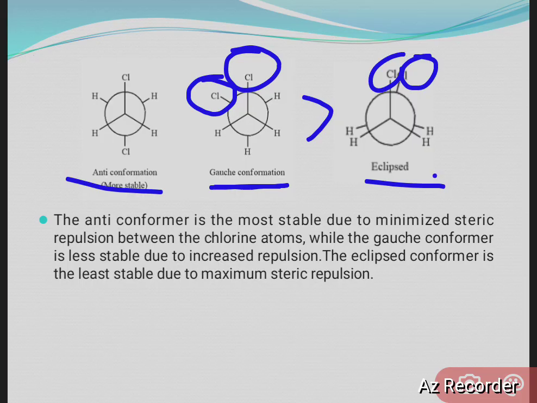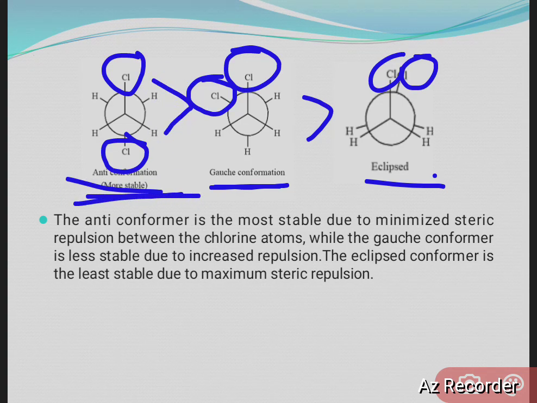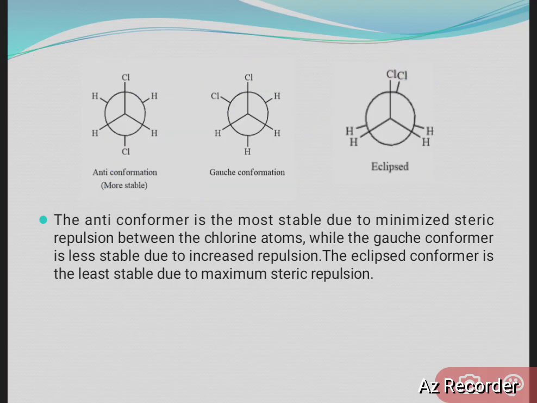In case of anti-conformation, the two chlorine atoms are present on opposite sides, hence there is less electron repulsion, hence this is a more stable conformation. So anti-conformation is more stable than the gauche conformation, and this is in turn more stable than the eclipsed conformation.